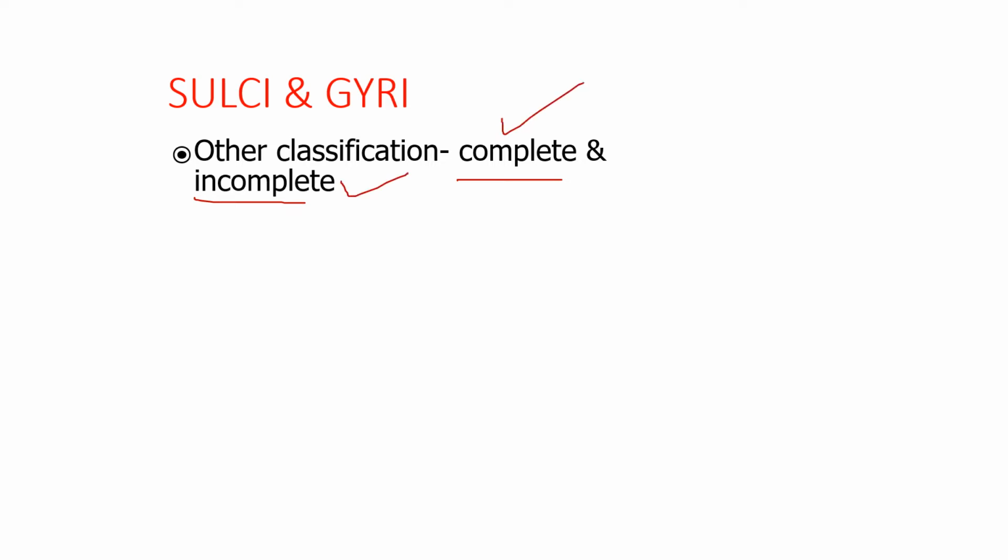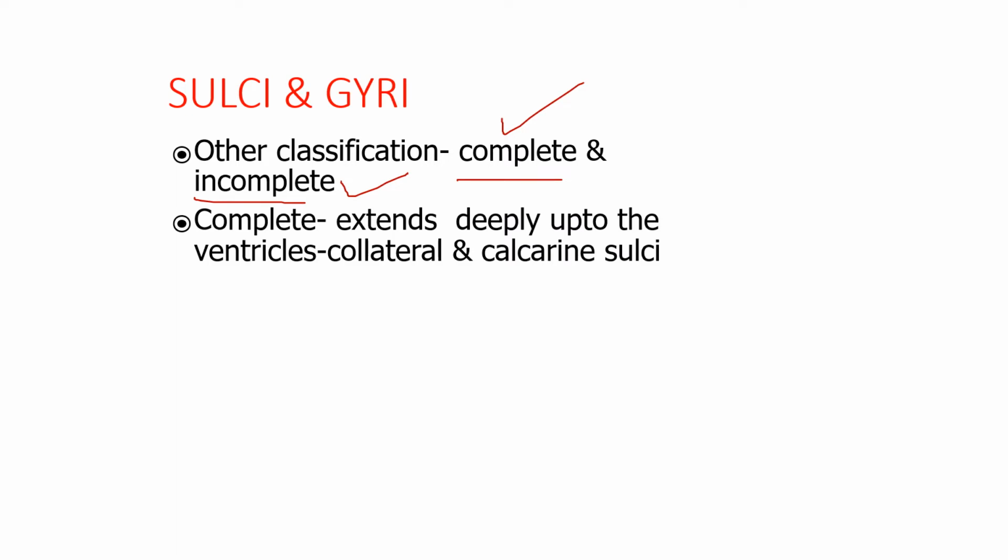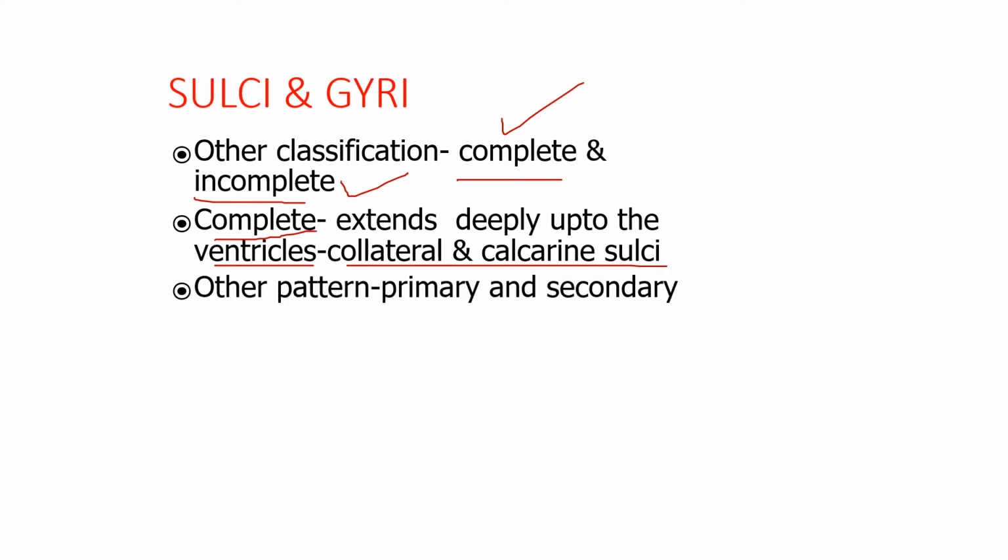Otherwise all are incomplete. So extends deeply into the ventricles, that is complete. We have 2 examples, collateral and calcarine sulci. Others are incomplete sulci.